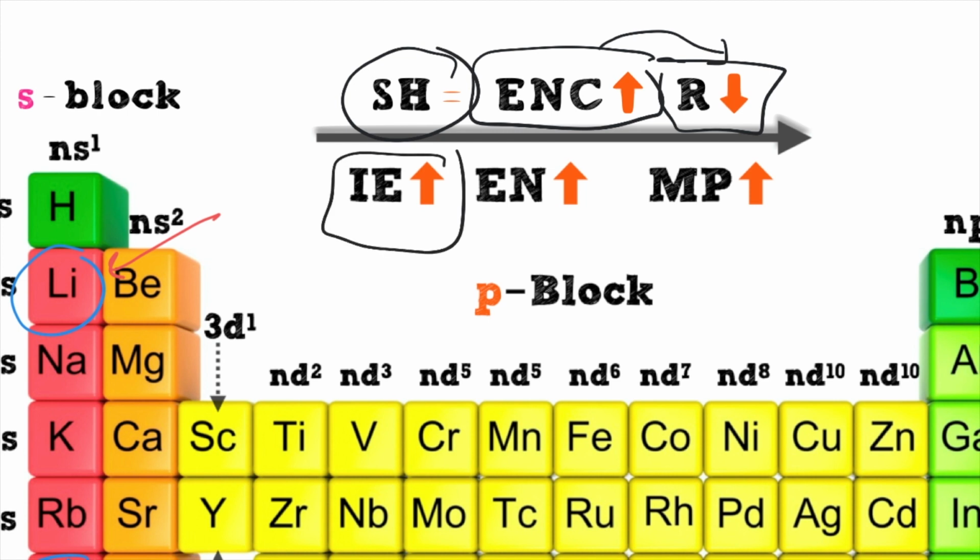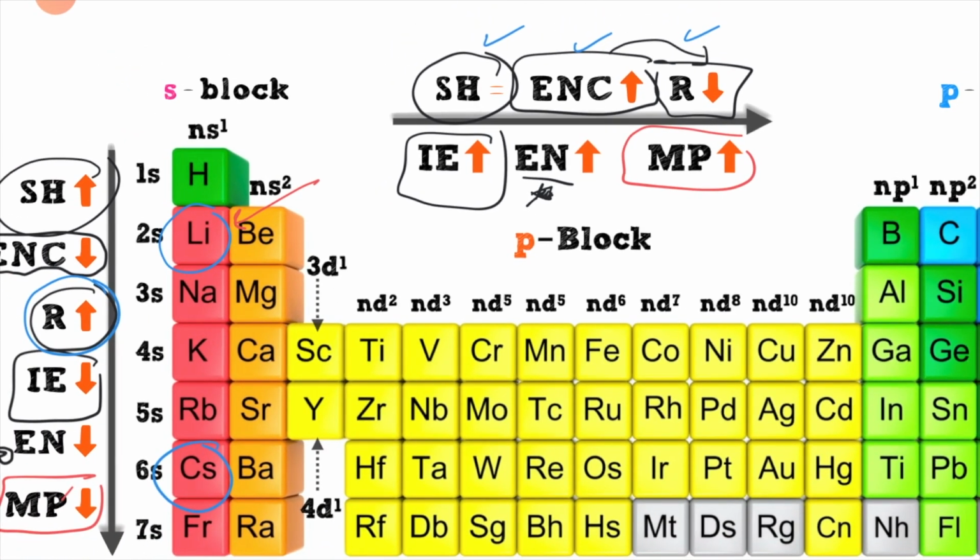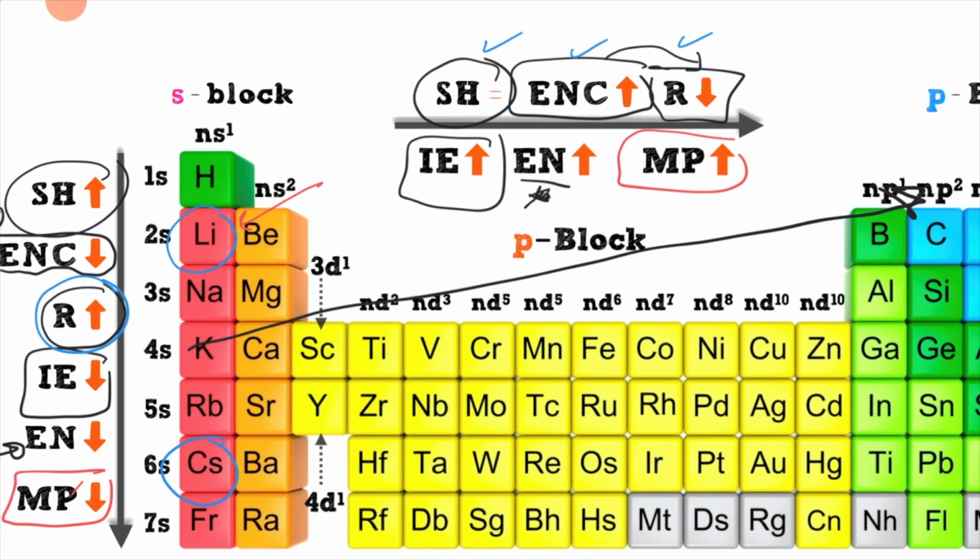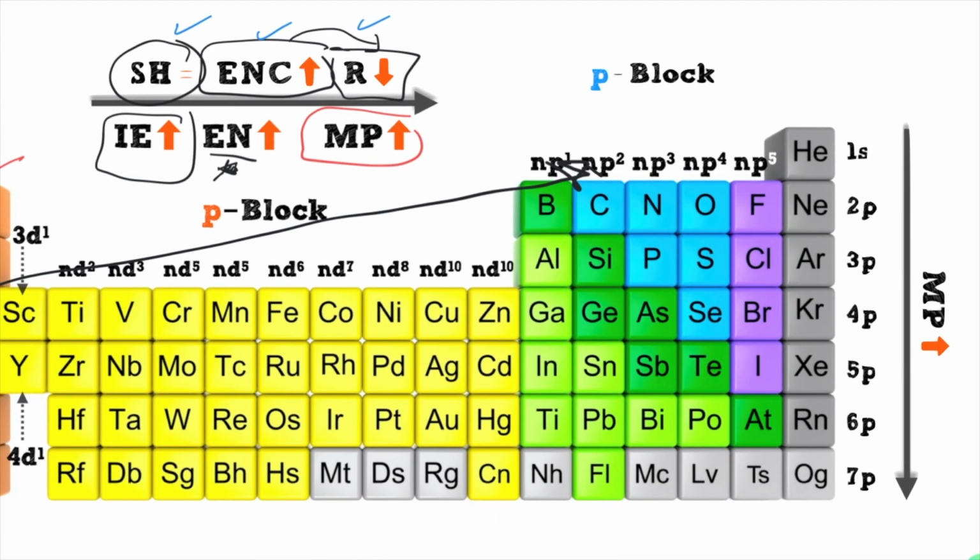IE, or ionization energy, is going to increase simply because of the first three factors. Electronegativity, as I told you, we're going to talk about later on in the syllabus, but melting point can be explained here as follows. So we have a sharp increase all the way to carbon because carbon is a macromolecule. Then we have a decrease because we're talking about weak intermolecular forces.